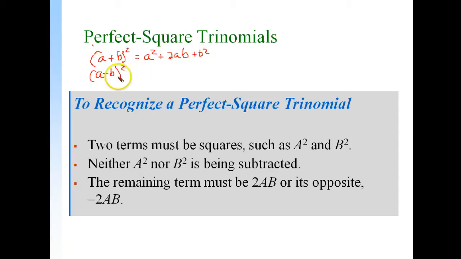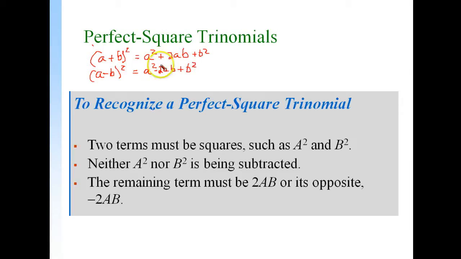And this one was pretty much exactly the same, except if the middle sign was plus, then this was plus. Here, the middle sign will be negative. So square the first term, multiply these two together. It's going to be a negative AB, double that, and that will be a negative 2AB, and then square the last term, and that gives you a plus B squared.